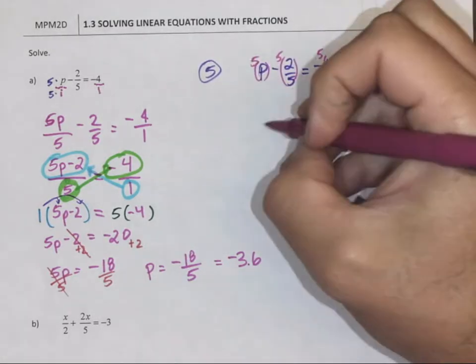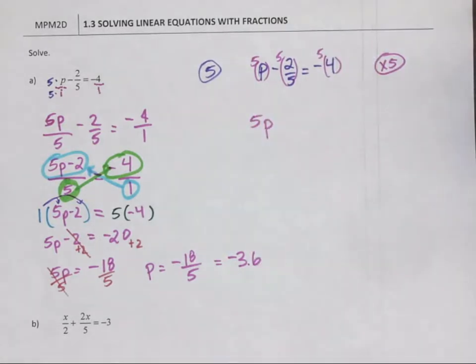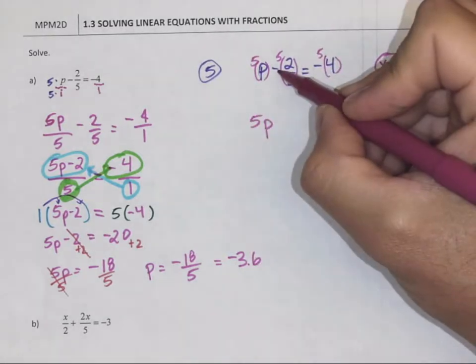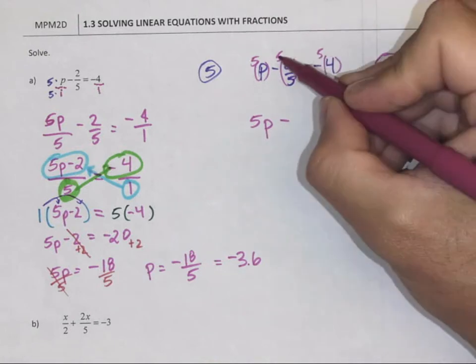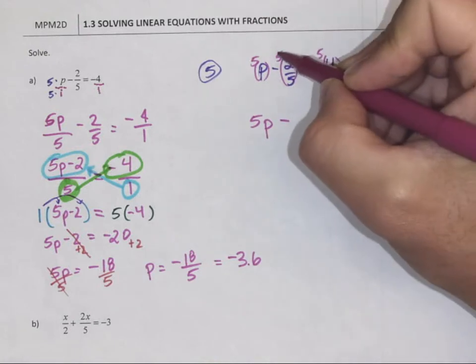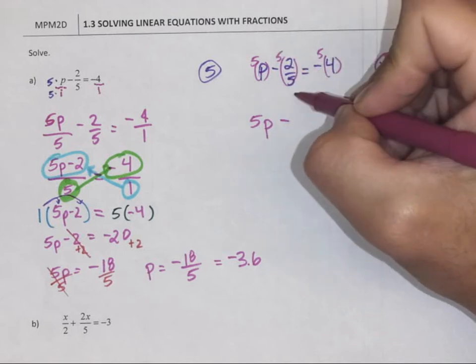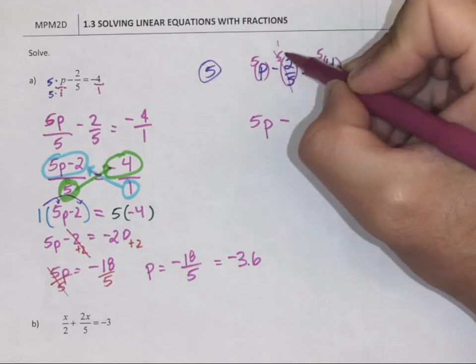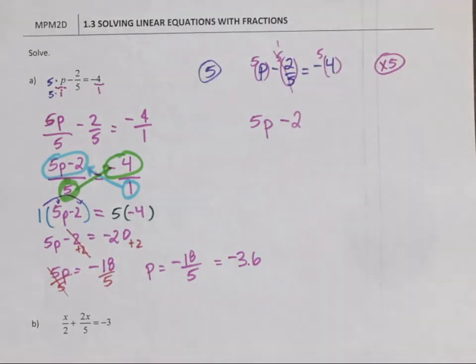And 5 times p is 5p. And that negative is there, so don't forget the negative. 5 times 2 is 10, divided by 5 is 2. Or 5 divided by 5 is 1, and 1 times 2 is 2. The equal sign stays where it is.